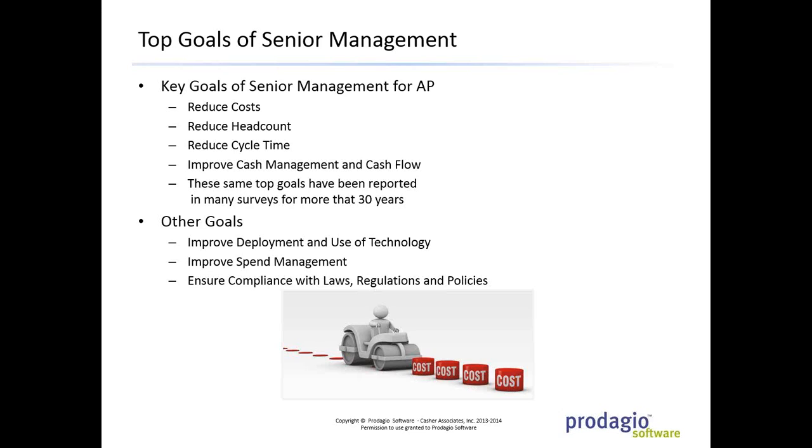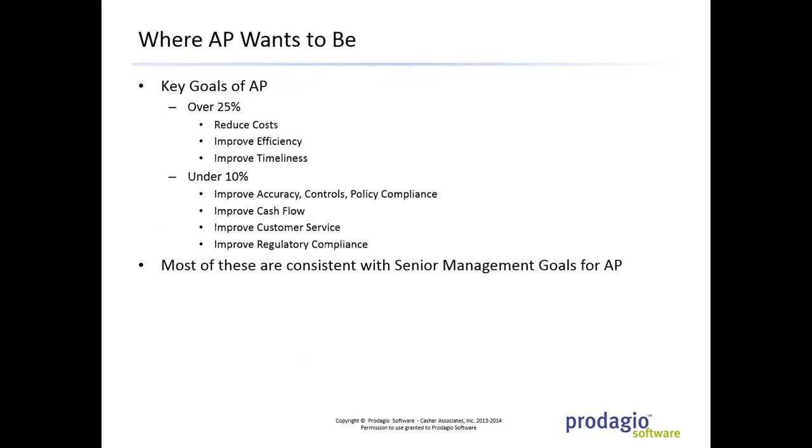So senior managers have begun to realize that, gee, AP needs to get involved in the spend management process. And lastly, regulatory compliance and policy compliance are some of the goals that we've seen as governments have started to enhance their revenue by having higher fines and penalties. So accounts payable really needs to focus on the laws and regulations.